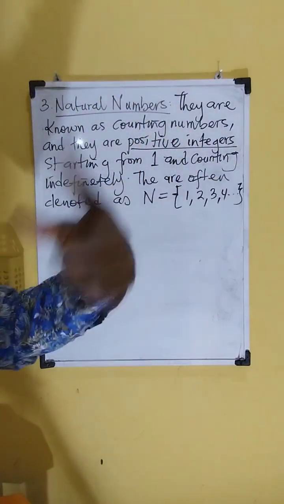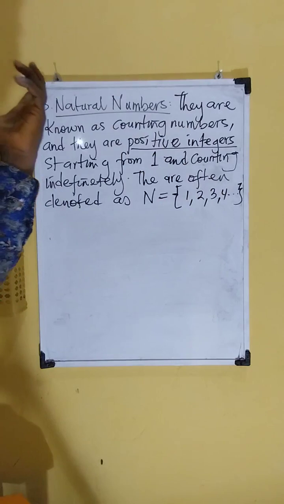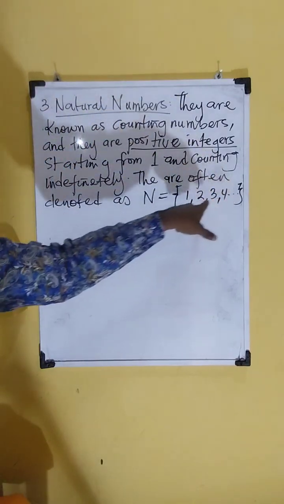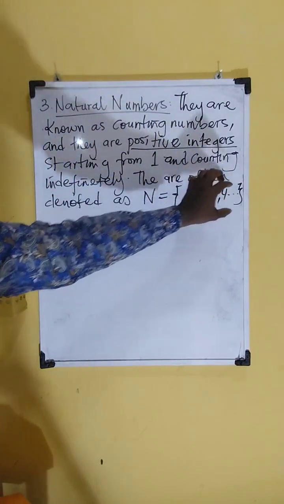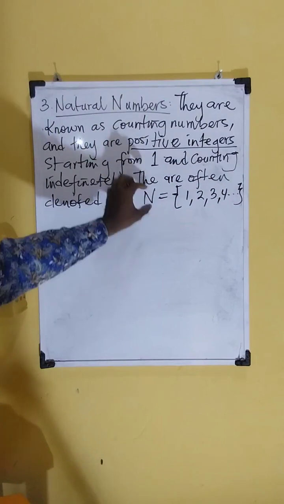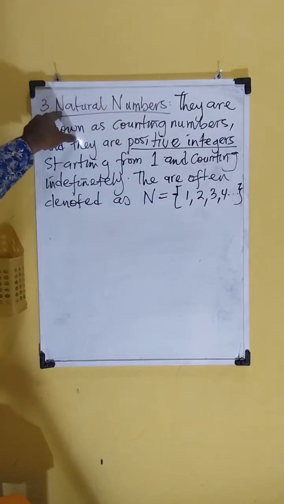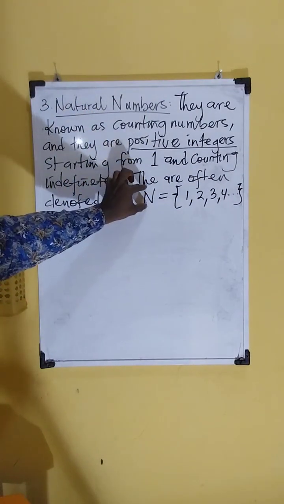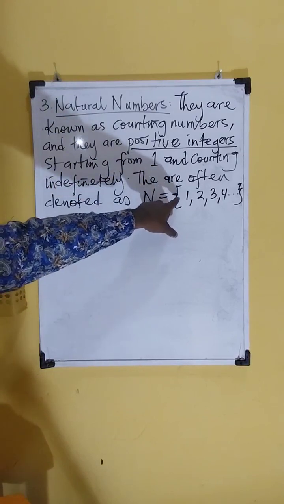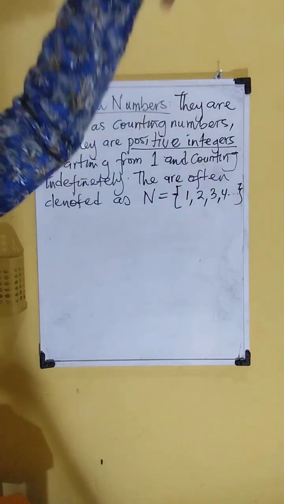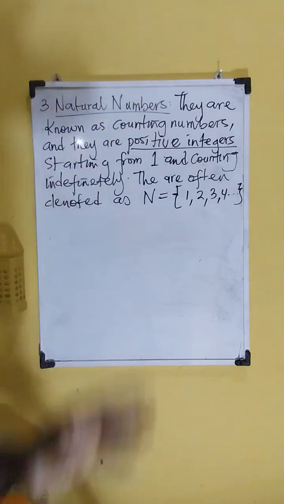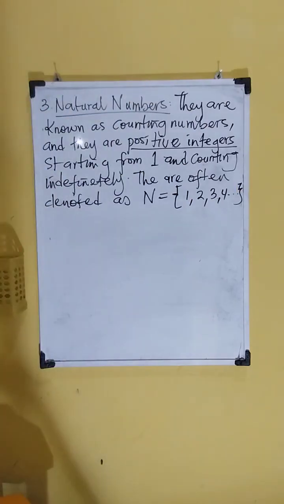Remember we did this in sets in the previous units, infinity, when you write the elements of a set. N here represents natural numbers. So it is denoted as N equals curly bracket 1, 2, 3, whatever. It goes indefinitely. It doesn't have an end. That's what that means with respect to natural numbers.